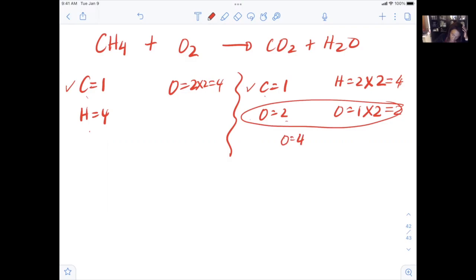It looks balanced to me, right? Y'all see that? Okay. So I put 2 here, I put 2 here. This looks balanced to me. 1 carbon, 1 carbon. 4 hydrogens, 4 hydrogens. 4 oxygens, 2 plus 2, 4 oxygens.